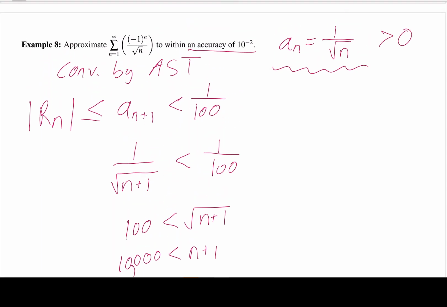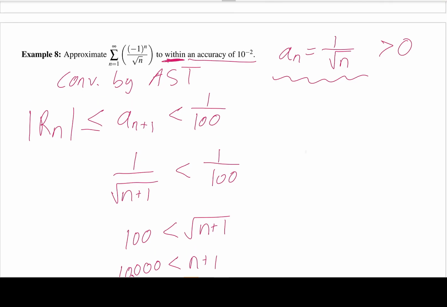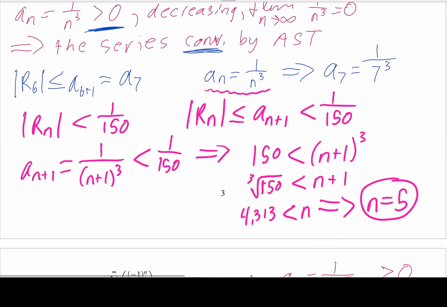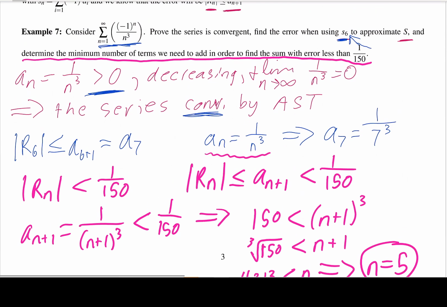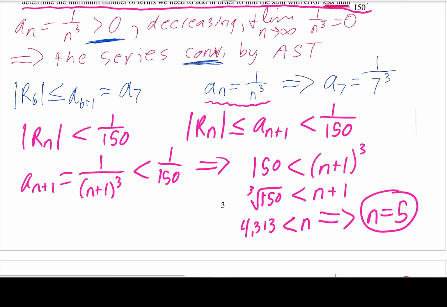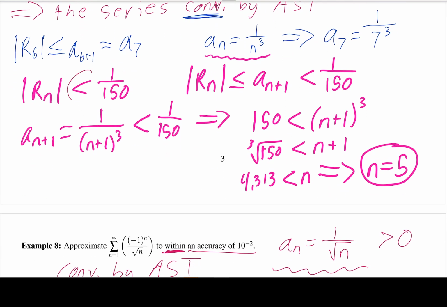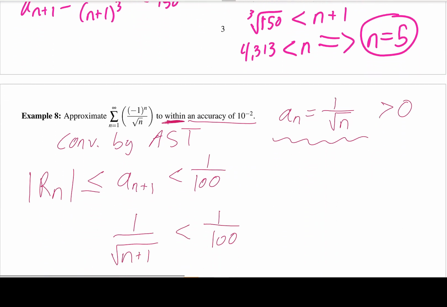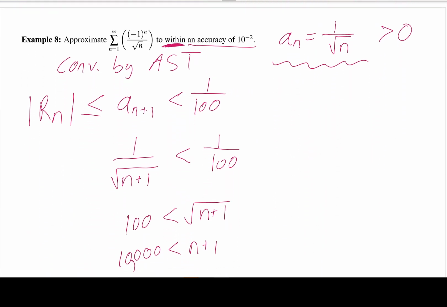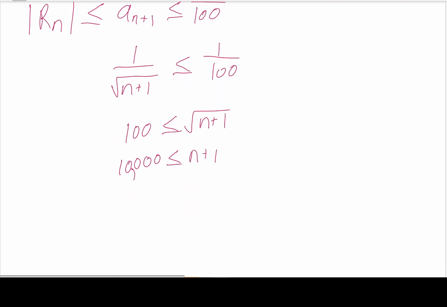One key thing here is we want it to be within an accuracy of 10 to the negative 2. So I'm just going to point out these little grammatical differences. Here we wanted our error to be less than 1 over 150. So that's why I'm using a less than sign here. Whenever you see within, that means that this should be a less than or equal to sign. So then I'll subtract 1 from both sides.